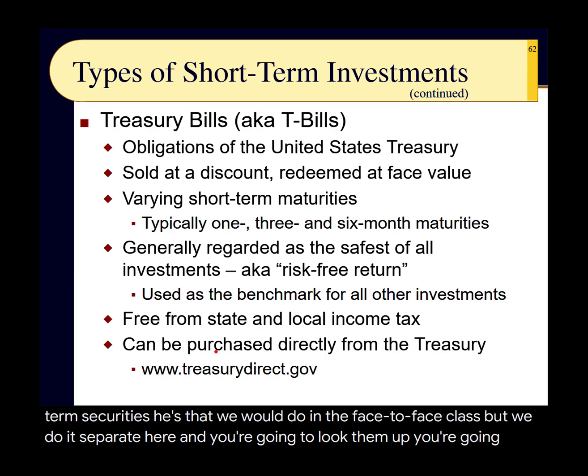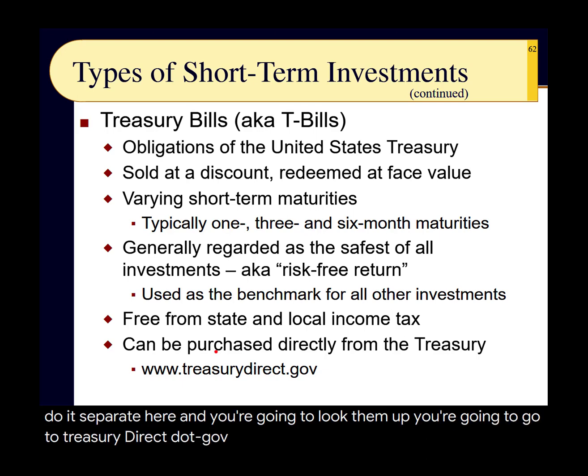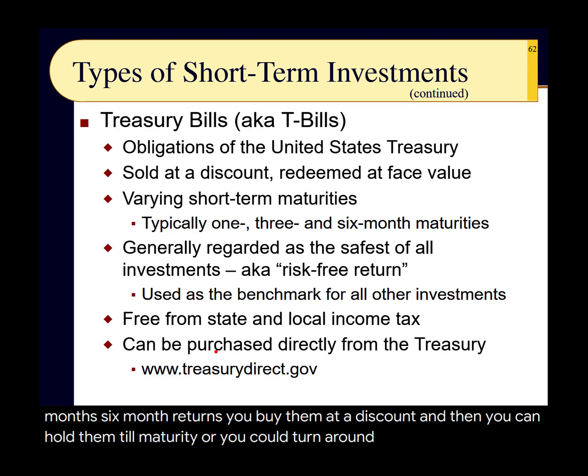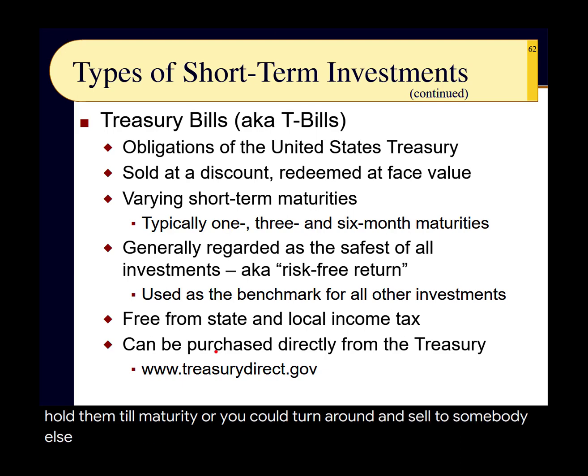You're going to go to TreasuryDirect.gov and find the current 1 month, 3 month, 6 month returns. You buy them at a discount, and then you can hold them till maturity, or you could turn around and sell them to somebody else, and the value accrues. It grows until the maturity date. They are generally regarded as the safest of all investments.